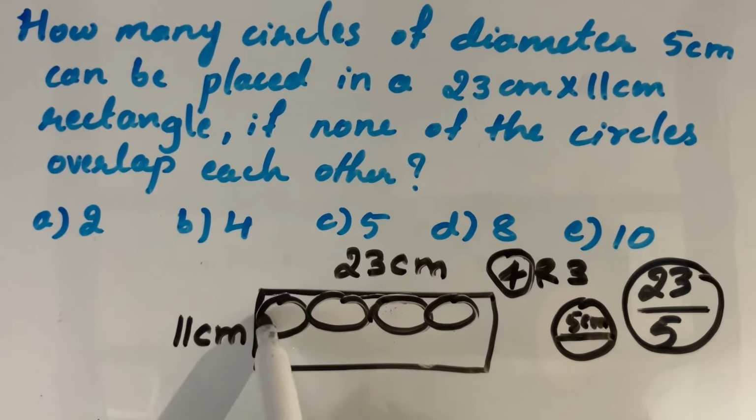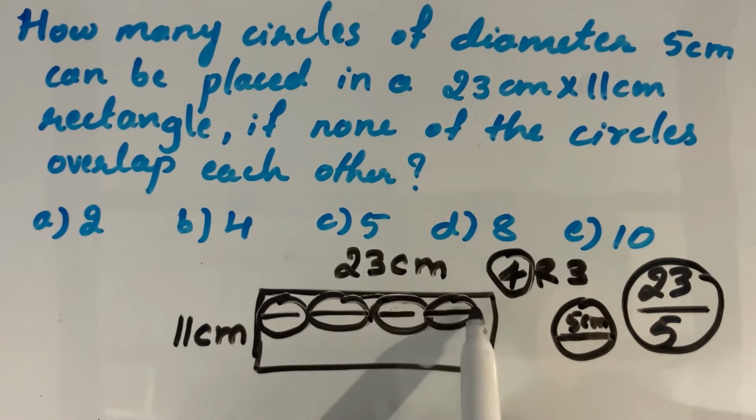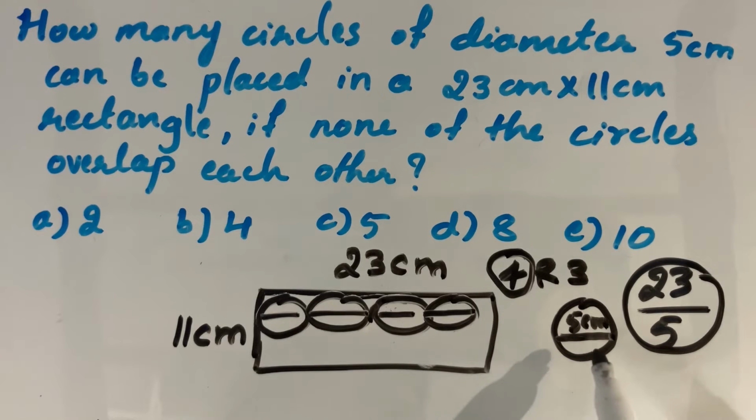So we can place 4 circles of diameter 5 centimeter along the length. This 3 centimeter is extra. We can't place one more circle because the circle's diameter is 5 centimeter.